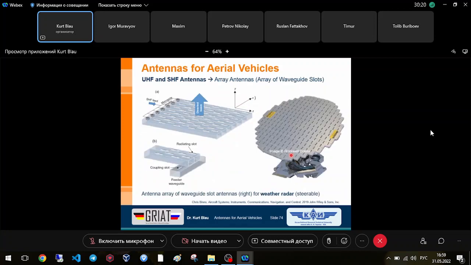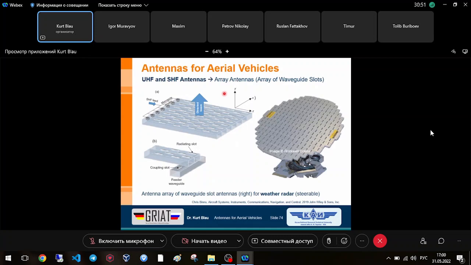And this is now our new topic, means we will discuss in the next 100 minutes array antennas, means the antenna consists of a lot of single elements. In our case, the elements should all be the same, with the same structure, the same behavior.